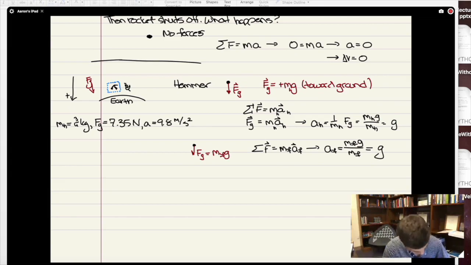Let's look at that. So you've got m feather. A feather is something like 10 to the minus 2 grams in comparison, which means the force of gravity on the feather is something like 10 to the minus 3 newtons. Yet the acceleration is still 9.8 meters per second squared.